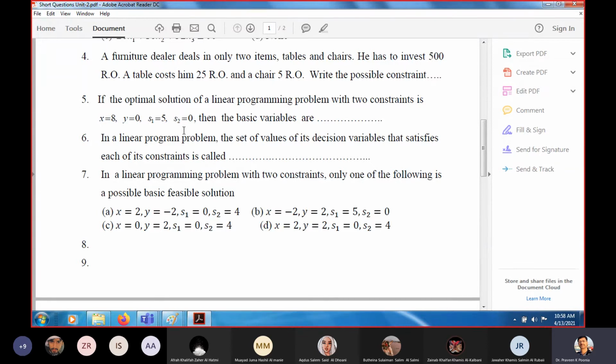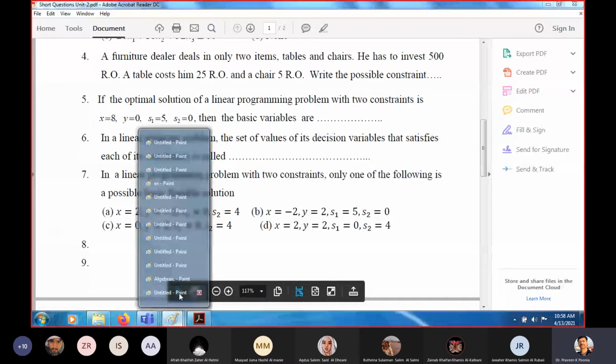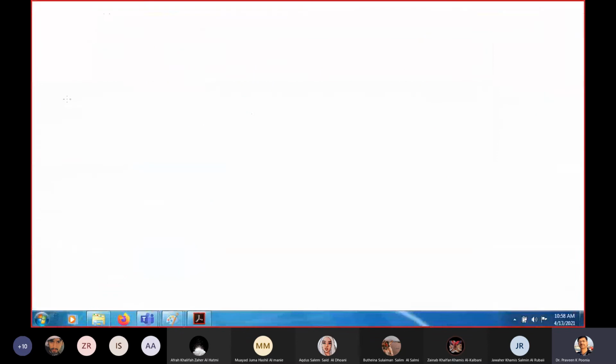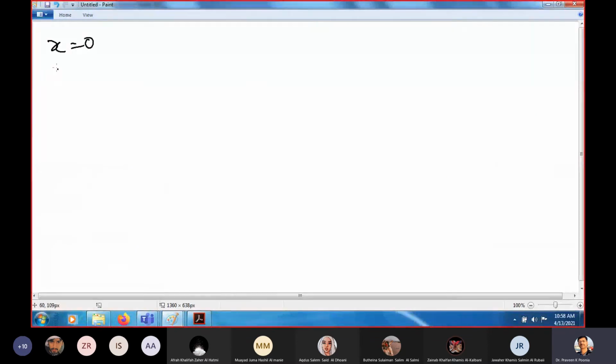Okay, I will write on the paint. If these are the 4 solutions of a linear programming problem, now the question is, what are the basic variables?